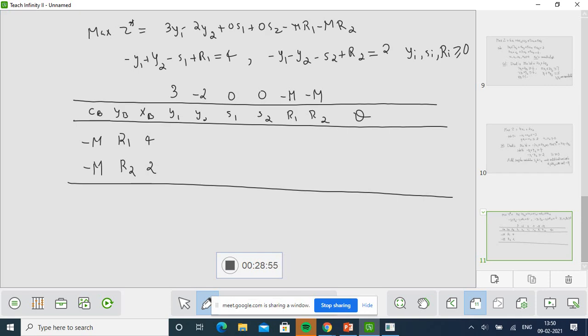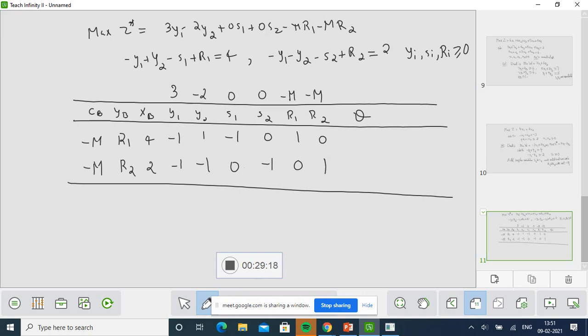So my y1 row will be minus 1, 1, minus 1, 0, 1, 0. In the second row, no, I won't have a minus 1 here. I will have S1 is 0, S2 is minus 1, R1 0, R2 is 1.